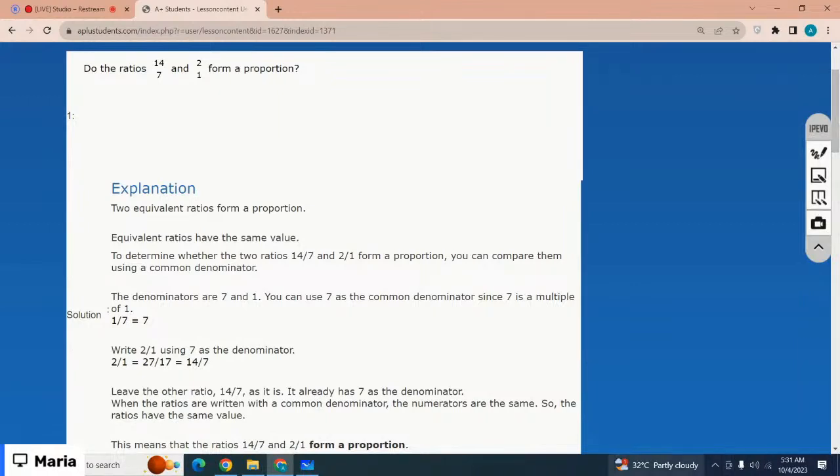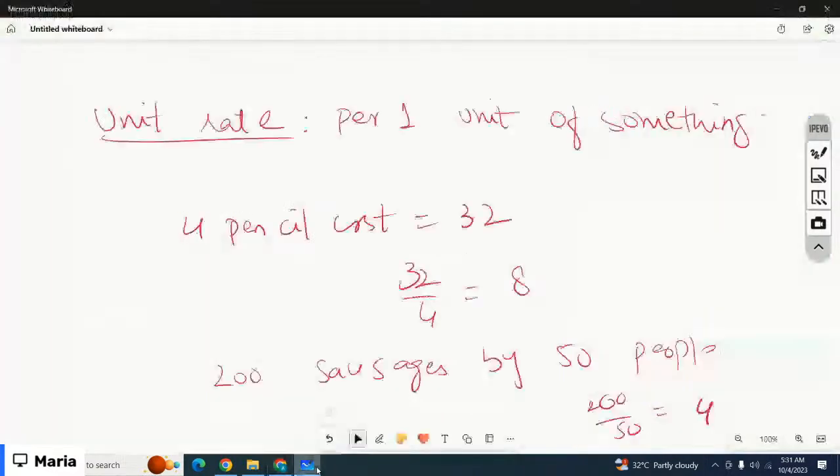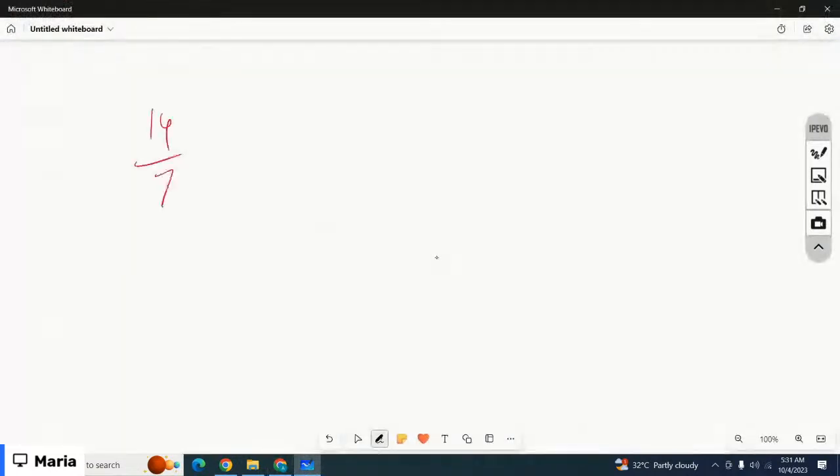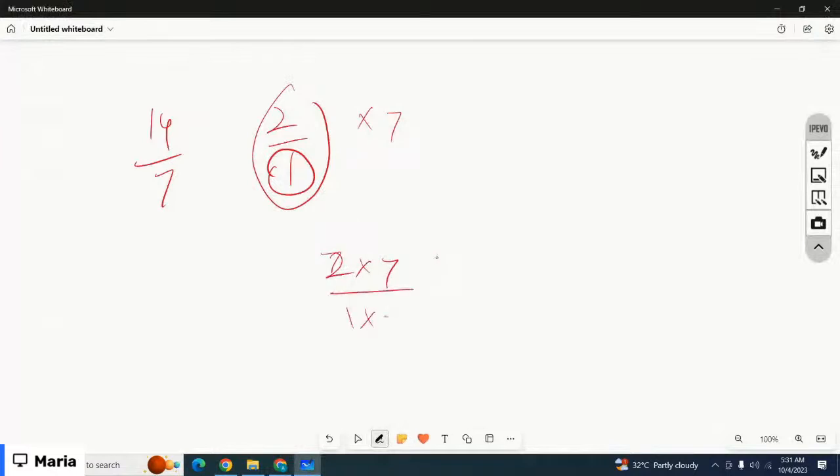So 14 over 7 and 2 over 1. Make the smaller denominator equal to the greater one, right? So that means you need to multiply this fraction by 7. Just do 2 times 7, 1 times 7.